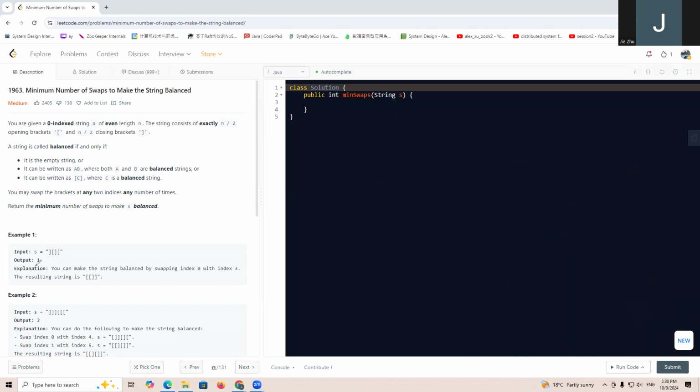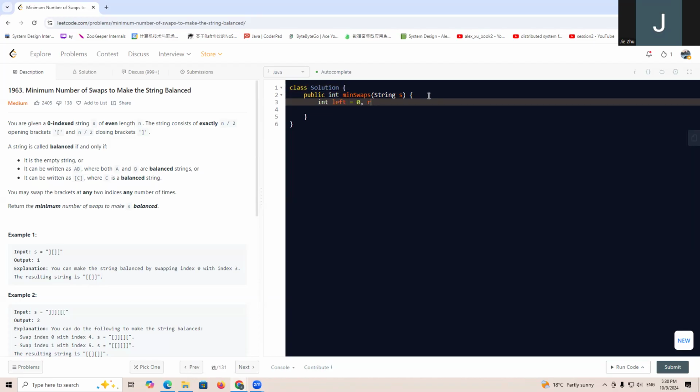So let's write code for this. We can have int left equals 0 and right equals 0, result equals 0.